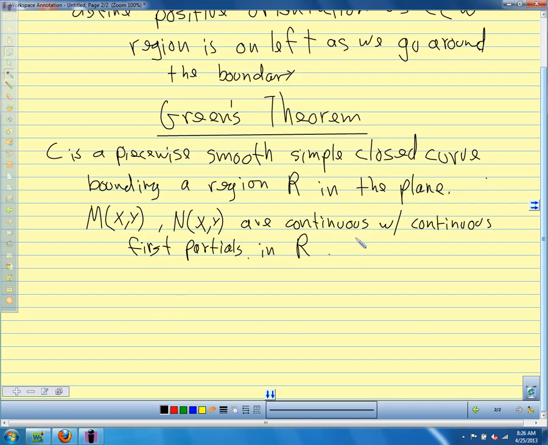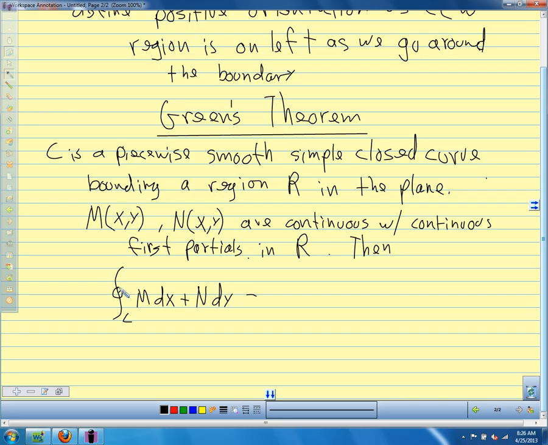Then, and here's Green's theorem, the line integral around this simple closed curve, and the circle just means we're going around a closed path, and we put the arrow in. You won't always have the arrow.